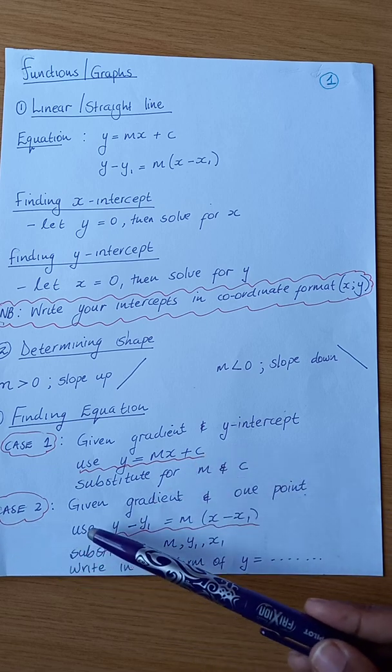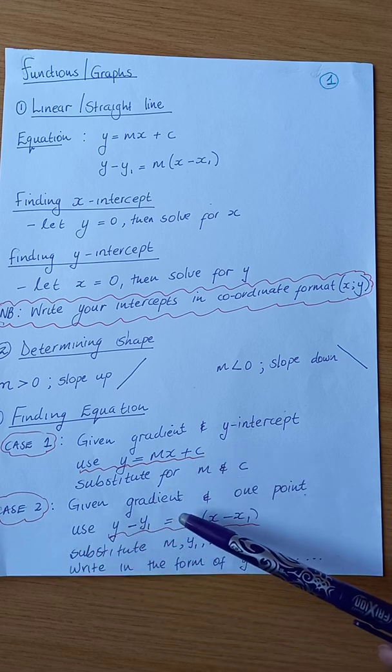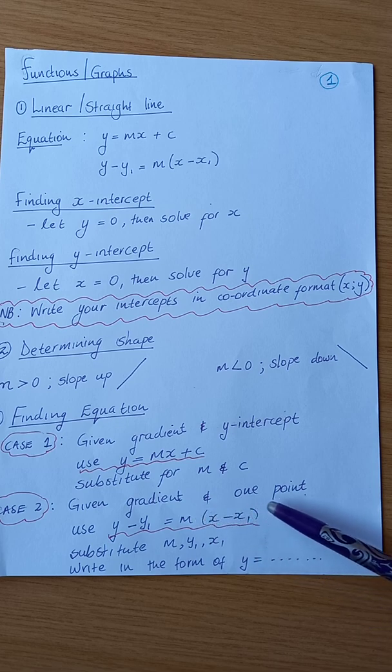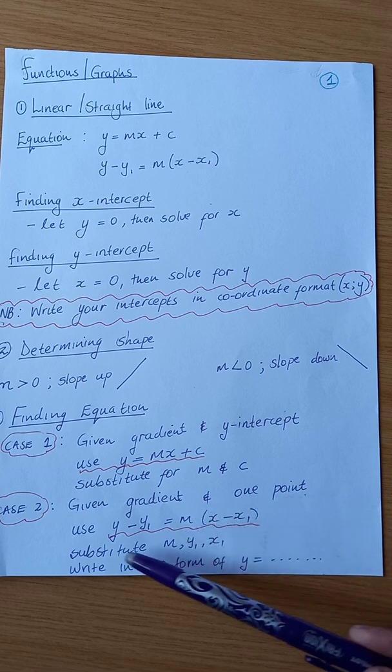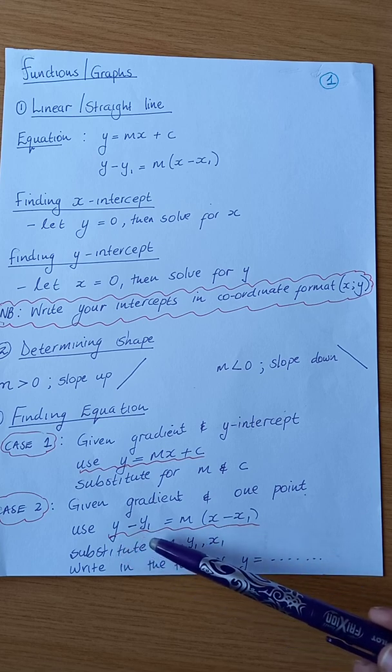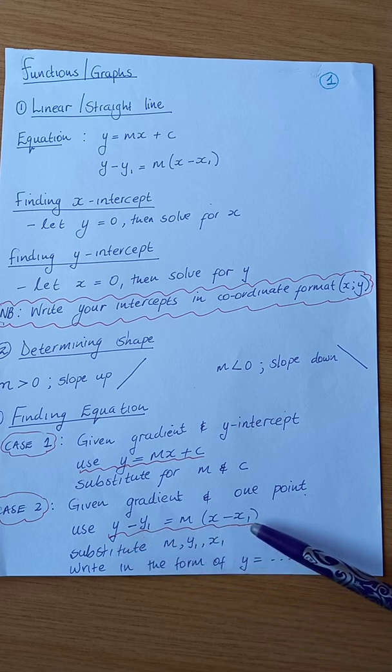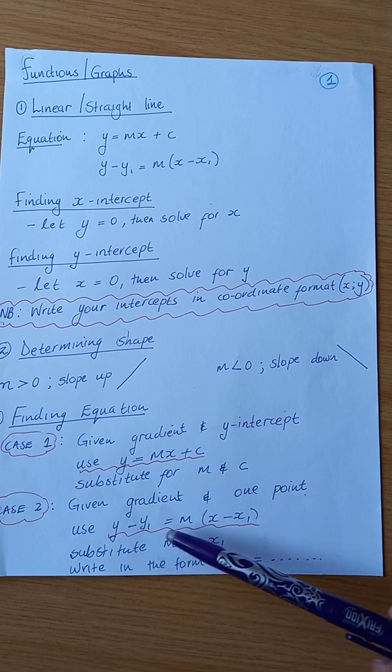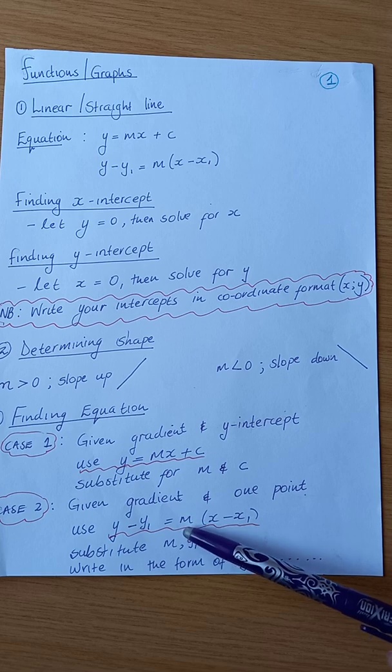In the second case, you may be given a gradient and one point. So you use the equation y - y1 = m(x - x1). Then you substitute for y1, x1, and m.